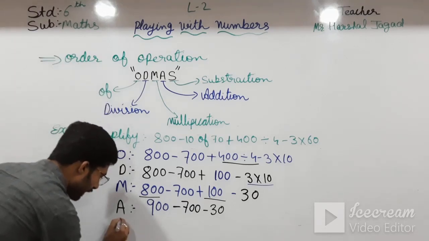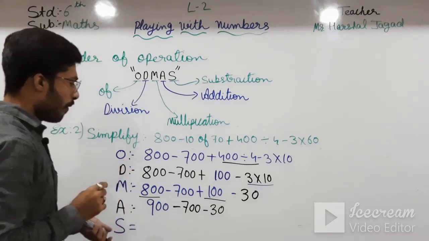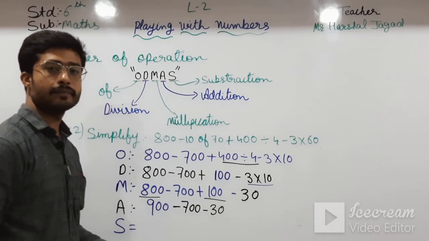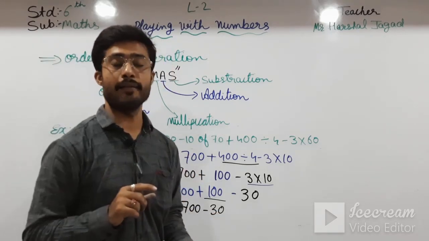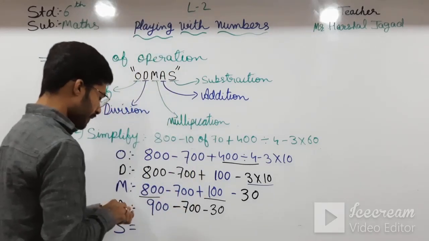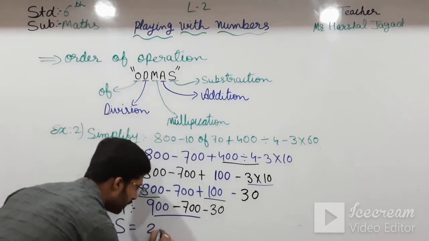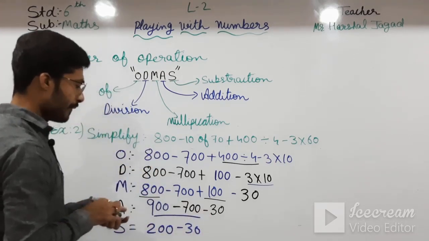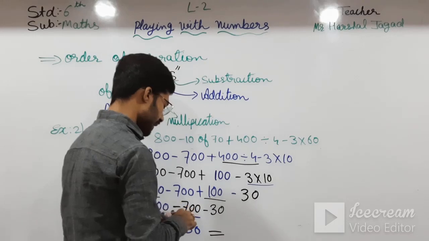S, that is subtraction. So, 900 minus 700, 9 minus 7, that is 2. 200, this will be 200 minus 30. 200 minus 30, that is 170 is the answer.